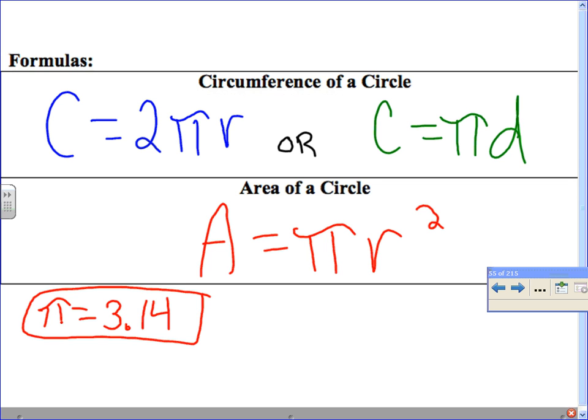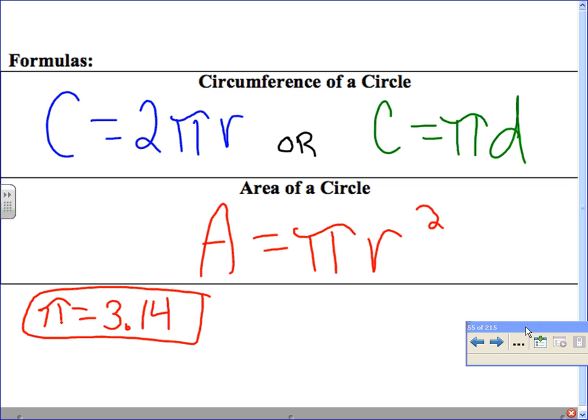If you were to put what? A big what? It's okay. I'm just telling you, typically that's what you use. Not is this a question? Okay, go ahead, real quick. Yeah. But we're just using 2 pi r.